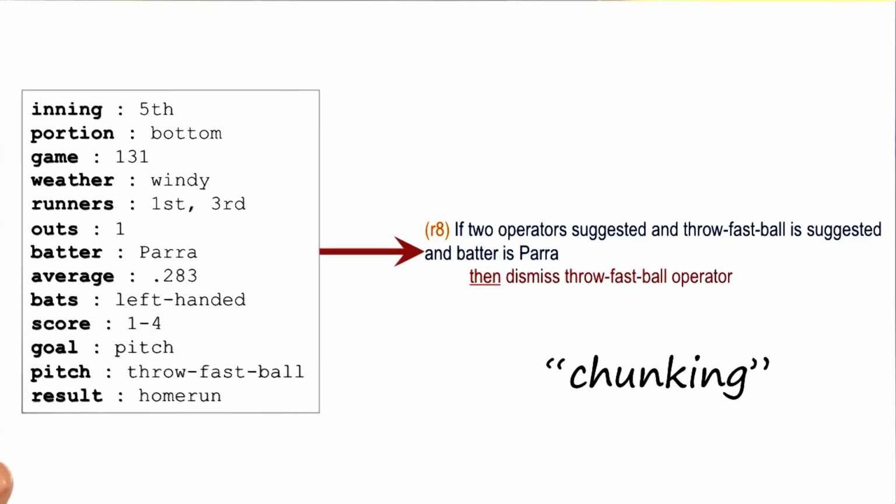If some information is available that tells SOAR the result of some previous action that also occurs in the current impasse, then SOAR picks that event. So now it tries to encapsulate the result of the previous event in the form of a rule. In this case, it wants to avoid the result of a home run, and therefore it says dismiss that particular operator. If it had wanted that particular result, it would have said throw that particular operator.